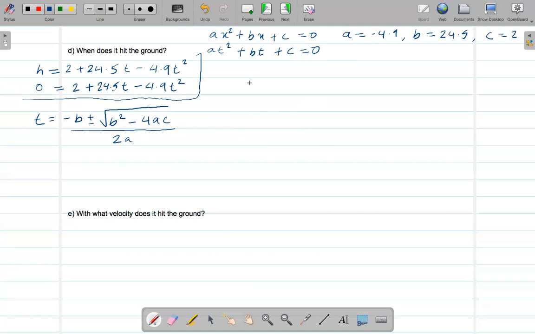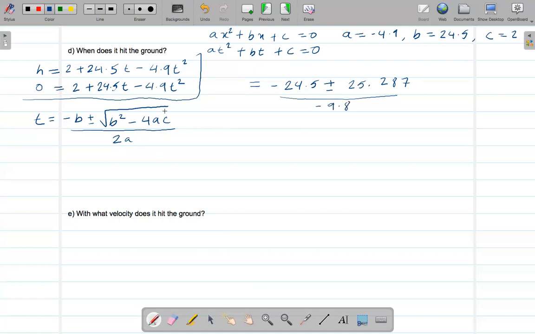Now just plug in those values here. When you do that, you should get negative 24.5 plus minus, because we have plus minus here, and then from here you should get 25.287 over negative 9.8.